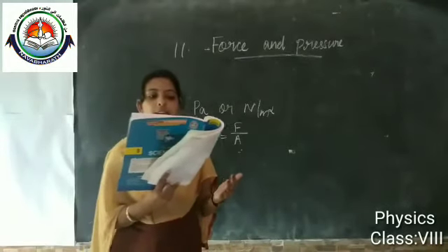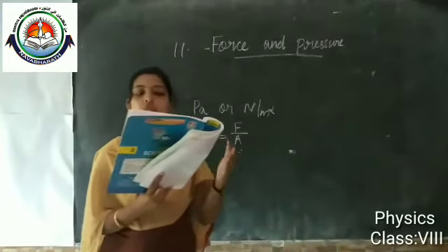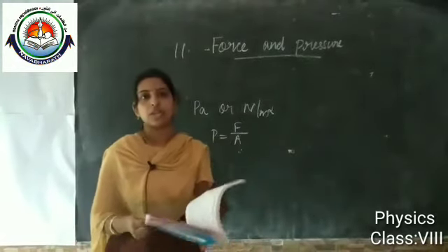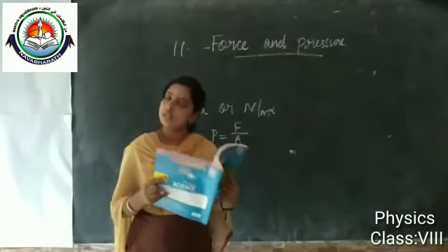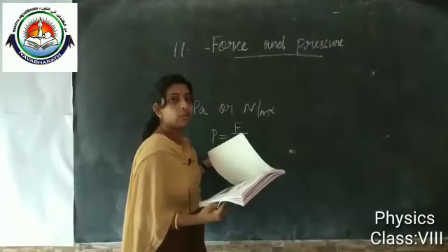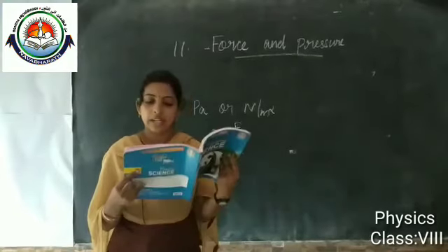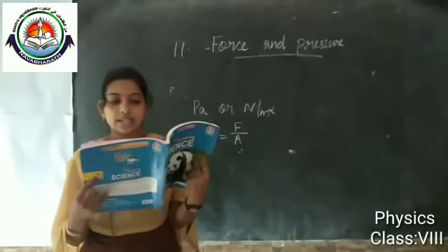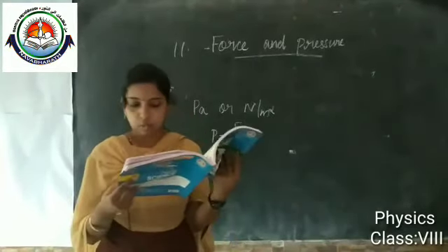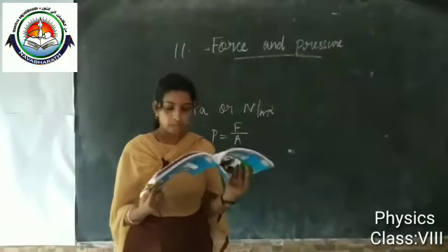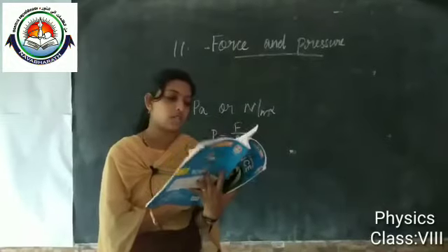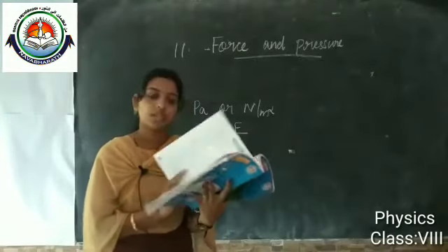First, a heavy truck is fitted with 6 to 14 tires. I will say the answer from your textbook. If you are able to write it in your own words according to this formula, it will be even better. Anyhow, in your textbook itself its answer is there, page number 123, application of pressure, first point.